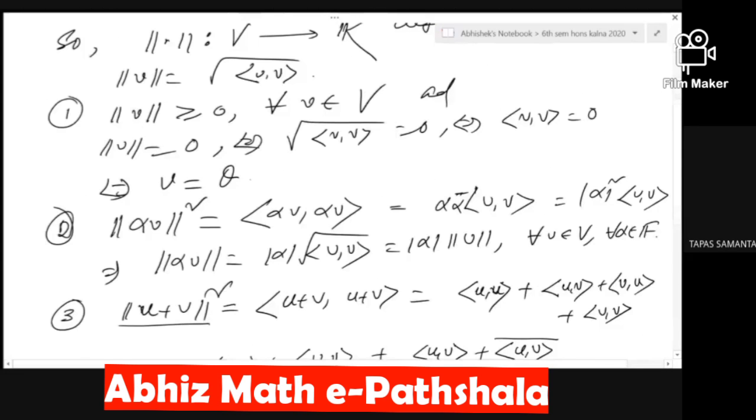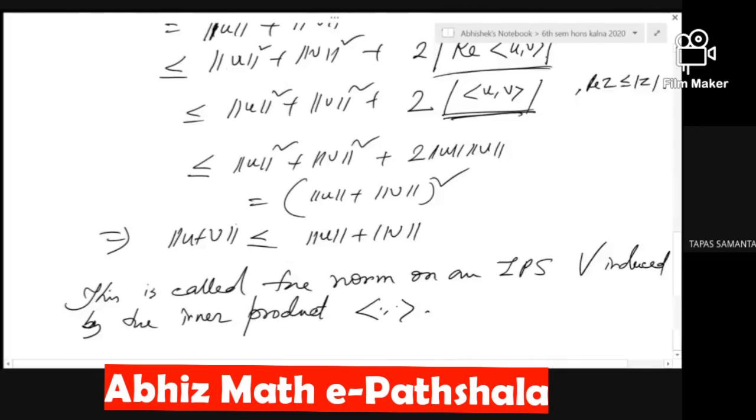So we are looking for a general concept of a norm, that is, we have to axiomatize these three conditions, these three properties. So the definition will be: let V be a vector space over F, where F is equal to R or C.